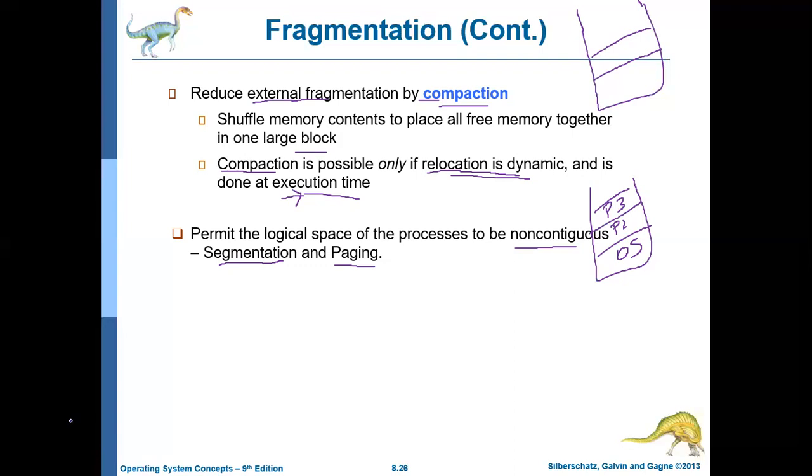If binding is done at compile time or at load time, then compaction is not possible. There is another way to avoid this, that is by allowing the process to be allocated in memory in a non-contiguous style. Under that, we'll be discussing two techniques, which are segmentation and paging. So that's what the rest of the topic will be. Fine. So let us stop here.